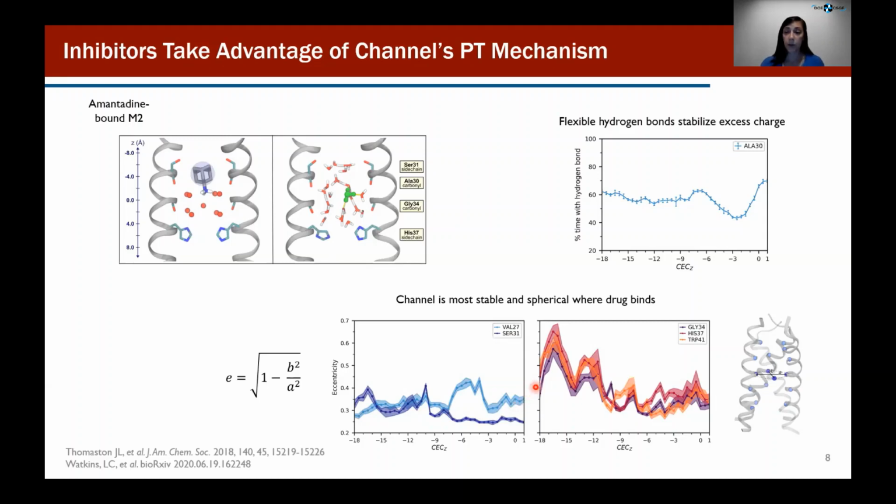Whereas at the bottom of the channel where these three residues are, as the proton moves through the channel, it's less circular, and there's also much more change. And so the drug binds up in this upper portion of the channel where these two residues are. And since the drug is a relatively spherical shape itself, this is likely a critical feature as well of the channel that enables this efficient drug binding.